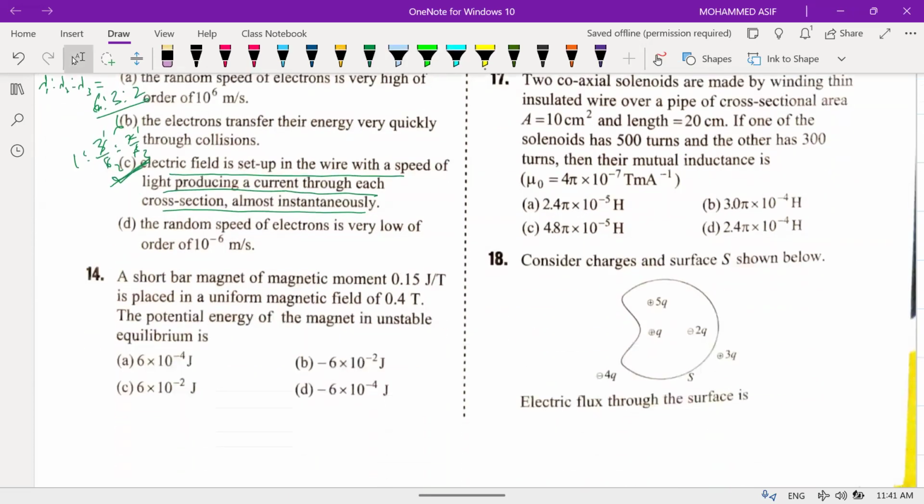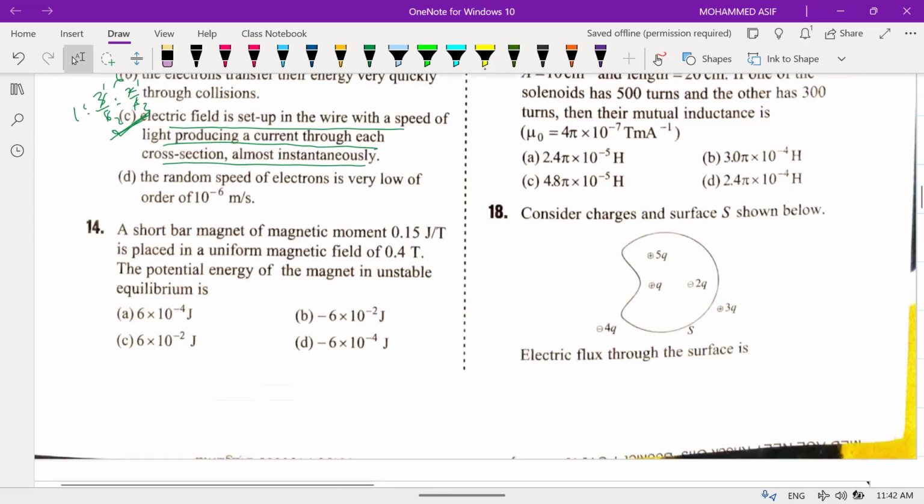14th one. A short bar magnet of magnetic moment 0.15 joule per Tesla is placed in a uniform magnetic field of 0.4 Tesla. The potential energy of the magnet in unstable equilibrium will be equal to how much? Magnetic energy formula: U is equal to minus MB cos theta. Magnetic moment is 0.15 joule per Tesla, magnetic field is 0.4 Tesla, and theta?